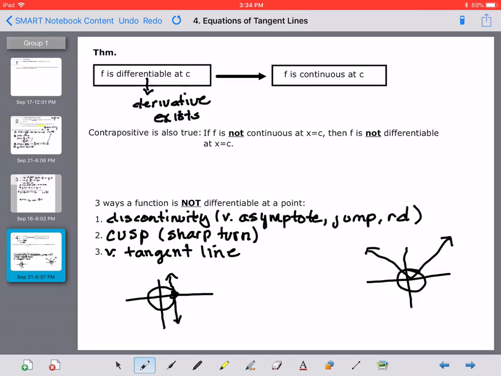Well, we know for vertical lines, the slope m is undefined. Slope is not defined for a vertical line, therefore the derivative would not be defined there as well.